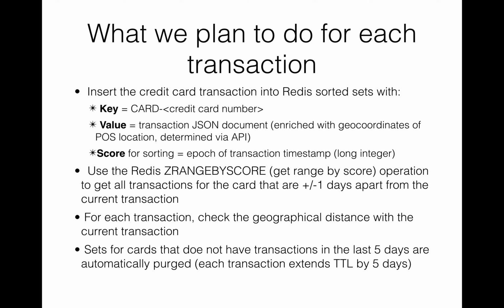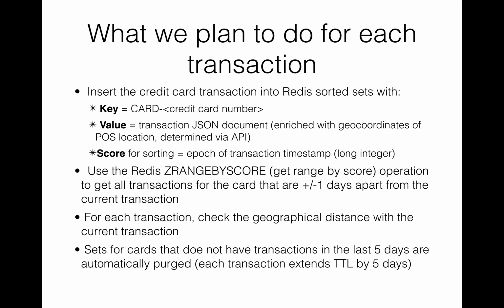So from the location we call a public API to determine the latitude and longitude of this location, and then we compute a score, which is just a translation of the transaction timestamp into seconds from the Unix epoch. So just an integer number that represents the point in time where the transaction happened.